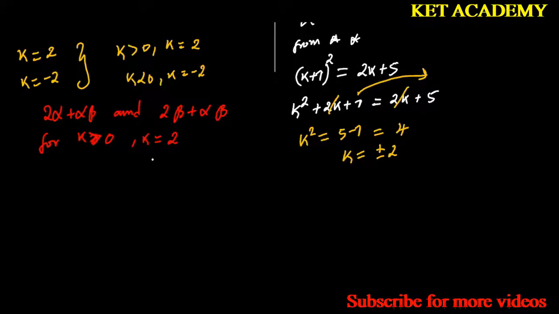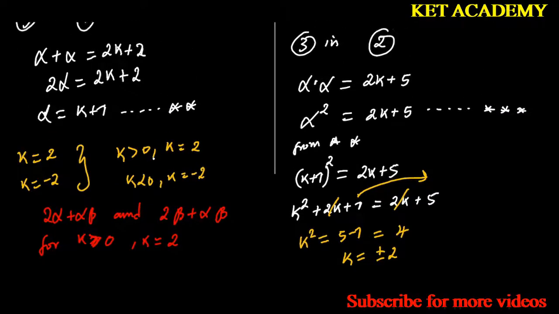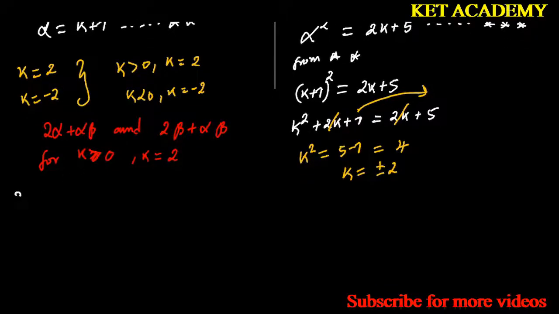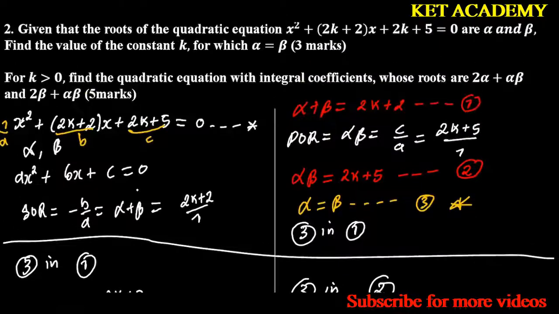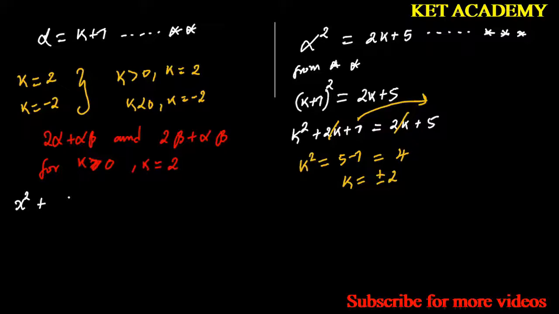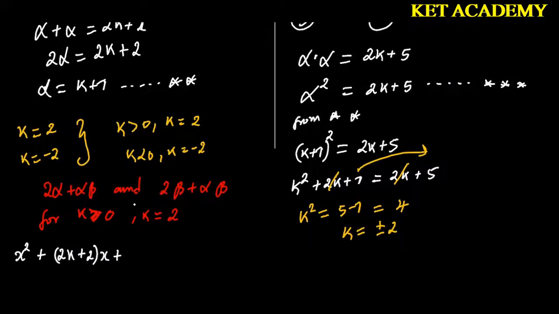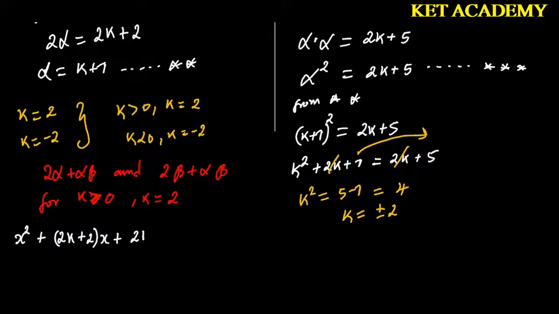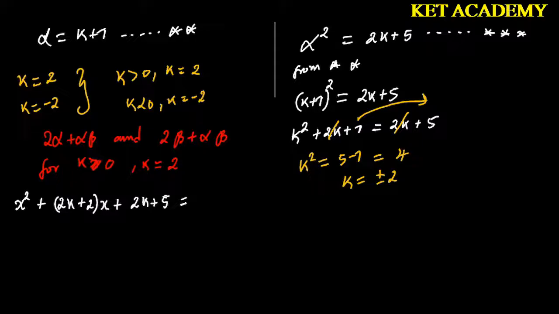Our original equation was x squared plus 2k plus 2x plus 2k plus 5. Now this is our quadratic equation. Let's call it f of x.